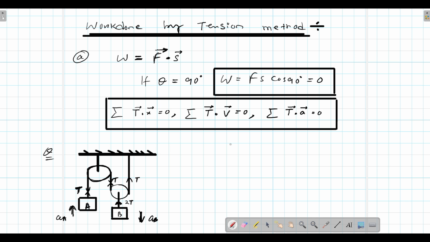So this is T dot A equals 0. For this A, tension is directed upward.